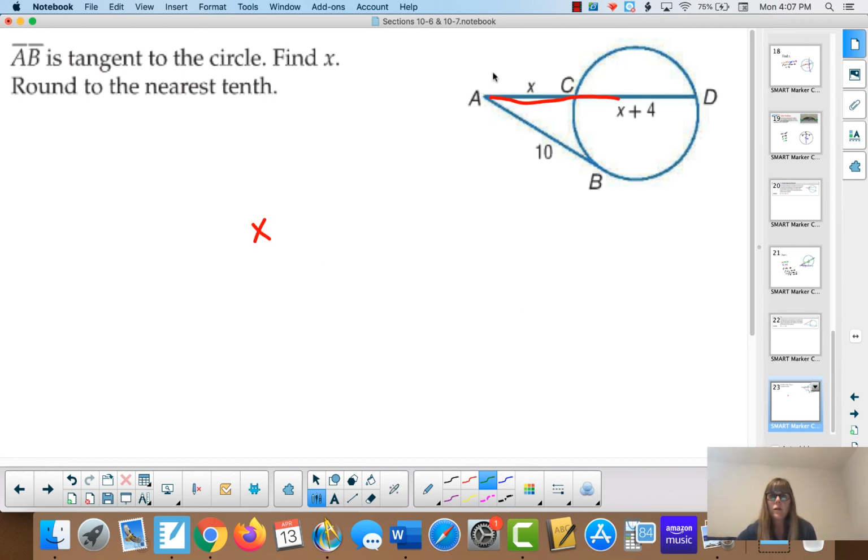The whole is this entire thing, which is x plus 4. And that's equal to that tangent segment squared. So that's this piece right here.